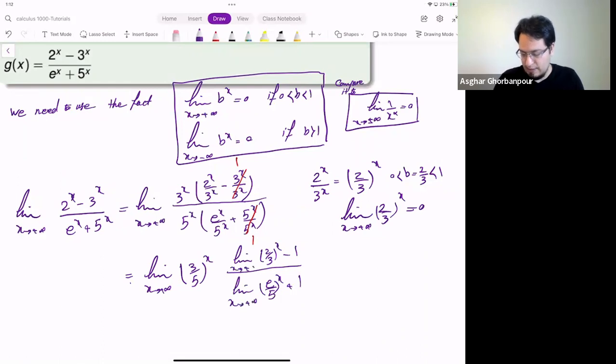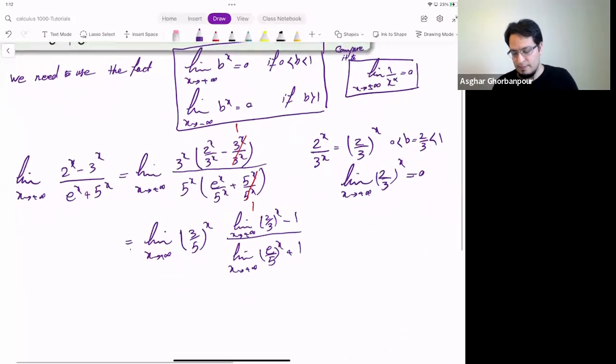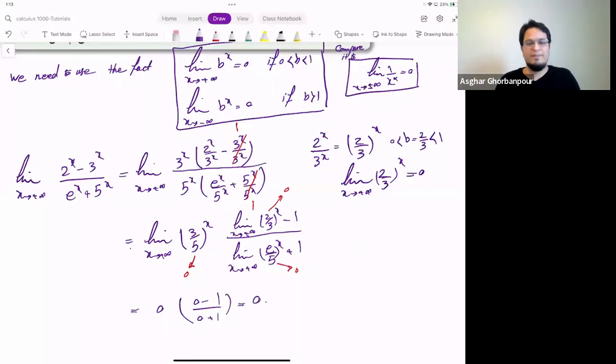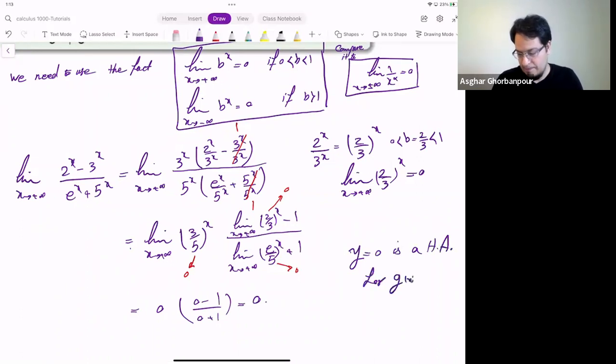As you can see, this goes to 0, this goes to 0, this goes to 0, and this is 0 times 0 minus 1 over 0 plus 1, which is just 0. So this computation shows that y equals 0 is a horizontal asymptote for the function g.